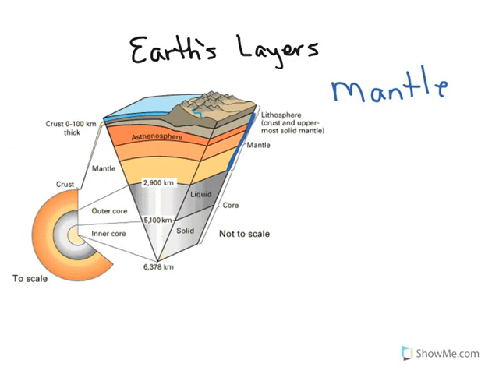And on the cutaway here, it's showing 4 parts to the mantle. We're only going to concentrate on 2 parts. These outer 2 sections is called the upper mantle. And this is where the rocks are solid.